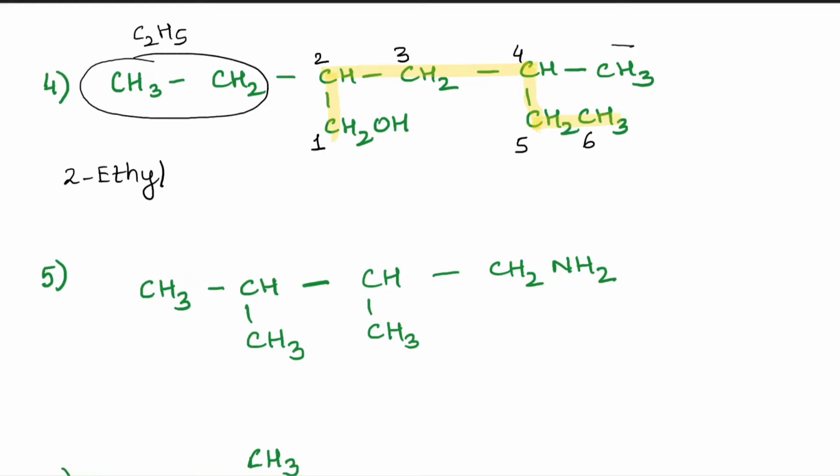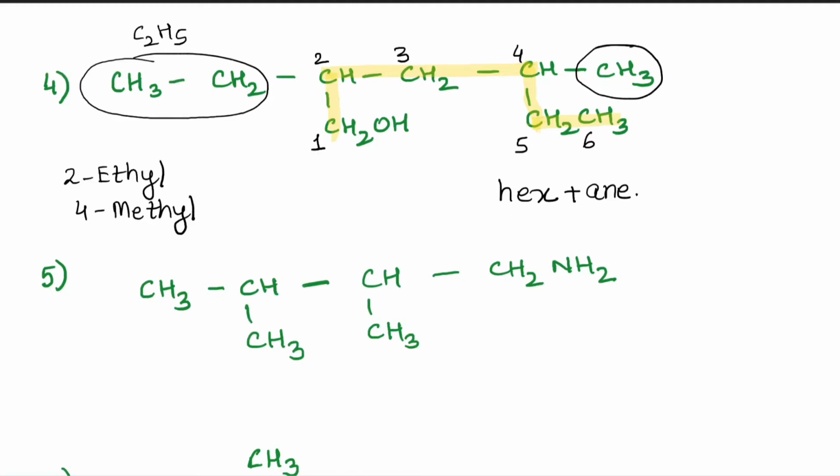At the fourth position, I have got methyl. So 4-methyl. And what is the parent word root over here? Parent carbon chain? Yes, it is 6. So 6 means hex. Correct? Saturated, unsaturated? It's saturated. So ane.